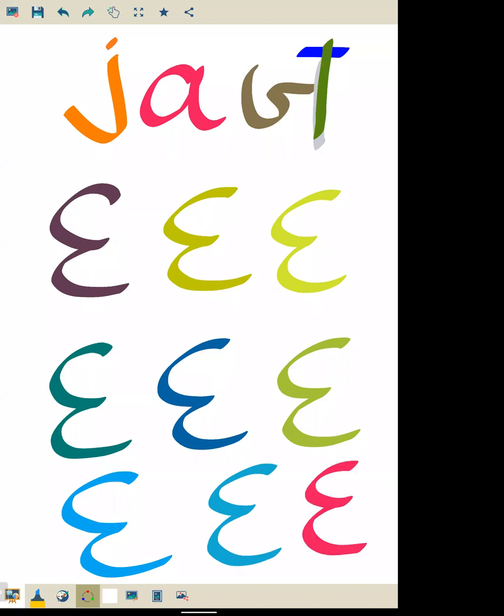First one is ja. How to do the ja? In the inscriptions you can find there is a small circle, and then it goes a little ahead with a horizontal line. So this is ja. It's very important. Please remember.